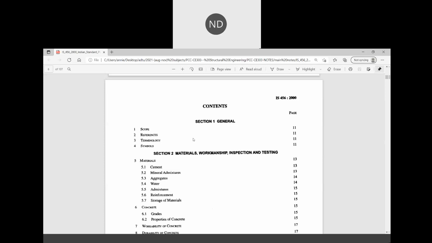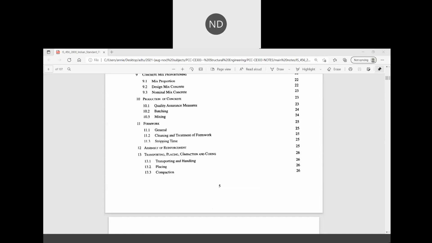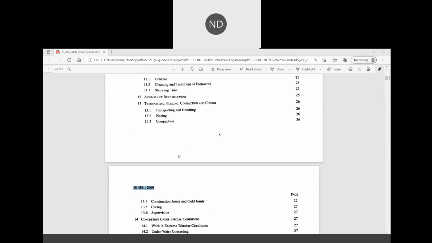I got your chat: do we need to print 107 pages? Yeah, you need to print, because you will keep needing it.